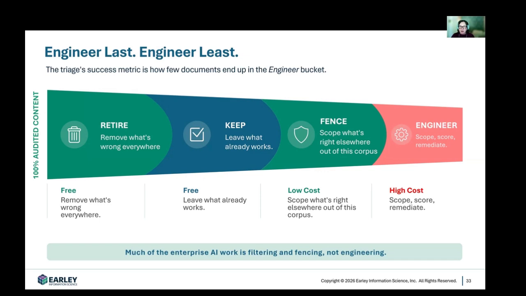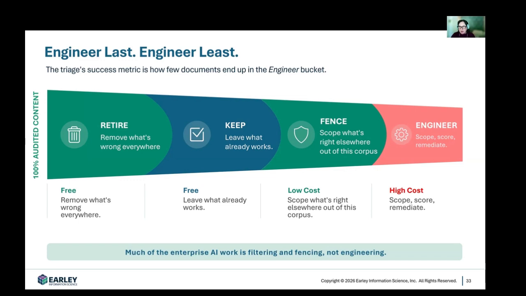You want to keep what's working. That's also free. You want to fence off or isolate what's right, but maybe not appropriate for a particular corpus or use case. It's an underused option. So the content might still be right, but you don't want to delete it, right? You just want to keep it out of the AI's retrieval path when it doesn't apply.